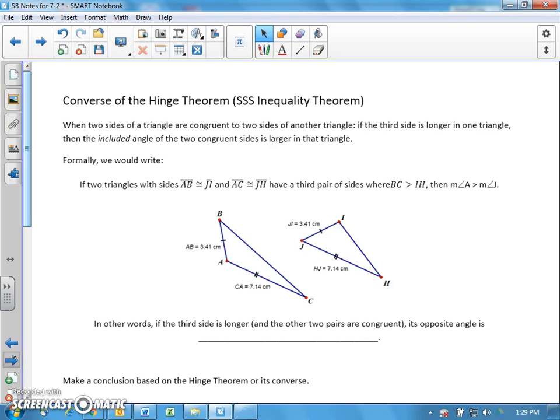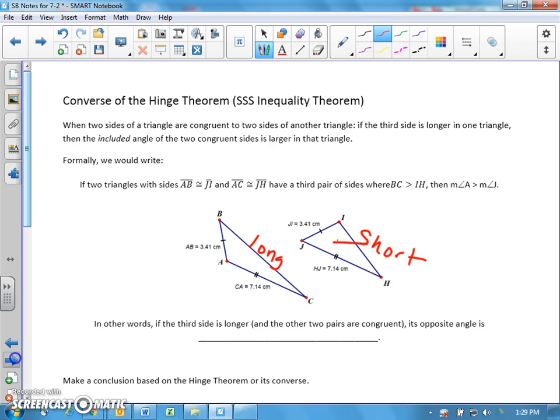If I know that side BC is longer than side IH, then I can make the conclusion that angle A has to be greater than the measure of angle J. In other words, if the third side is longer and the other two pairs are congruent, its opposite angle is larger.